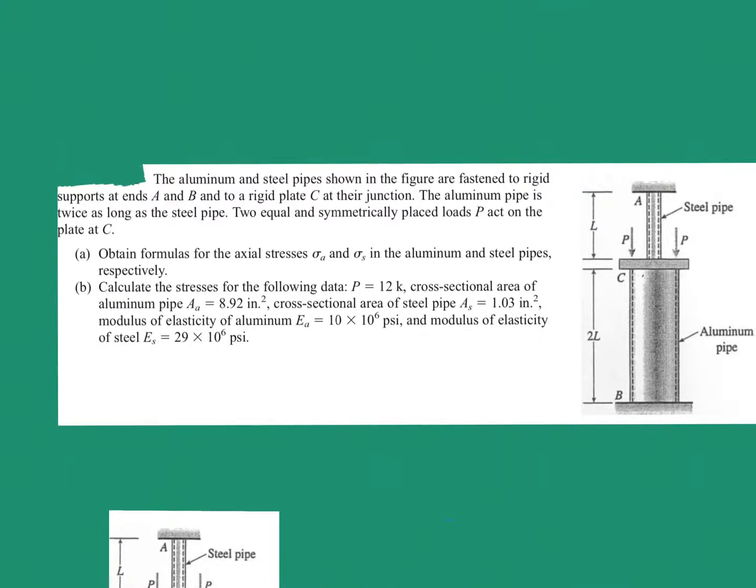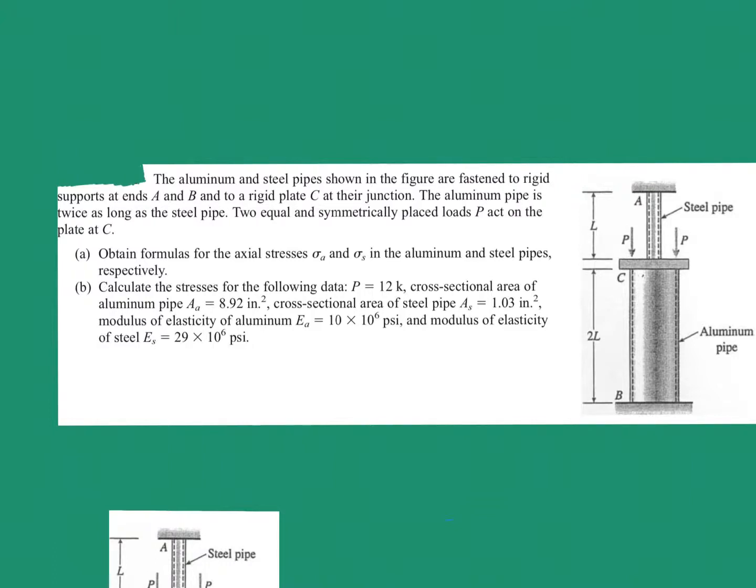So a very important piece of information is here. It is this thing which is, you can see in the middle, it is rigid. The aluminium and steel pipe shown in the figure are fastened to rigid supports at end A and B and to a rigid plate at C. So what do you mean by a rigid body?